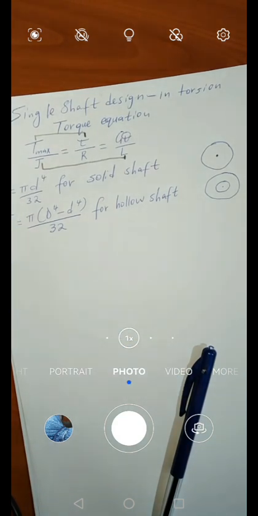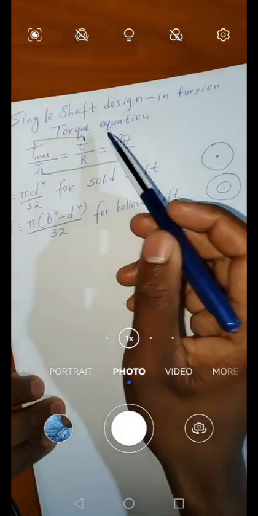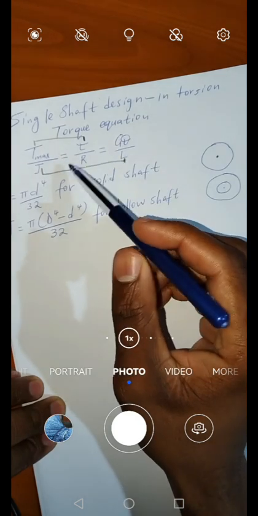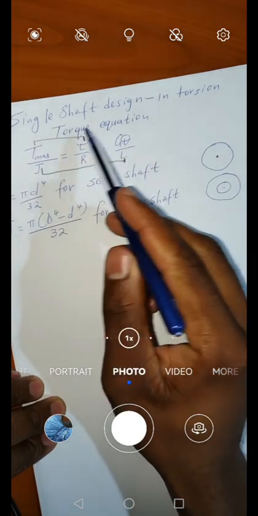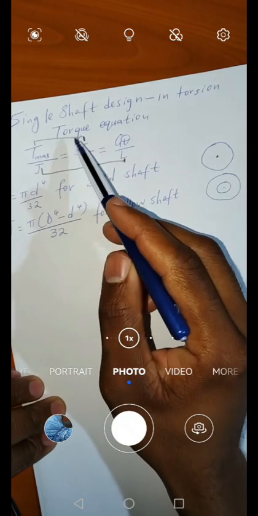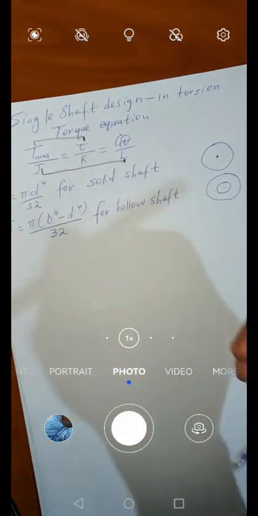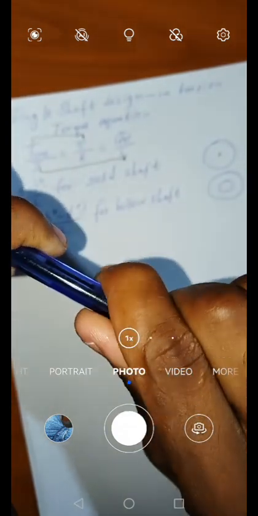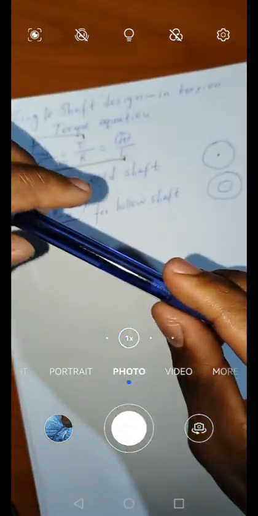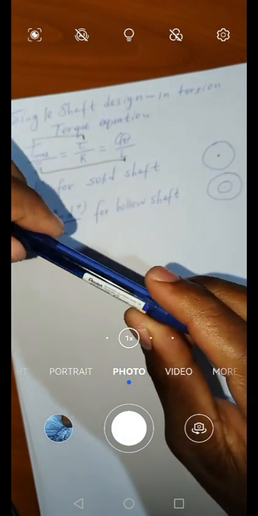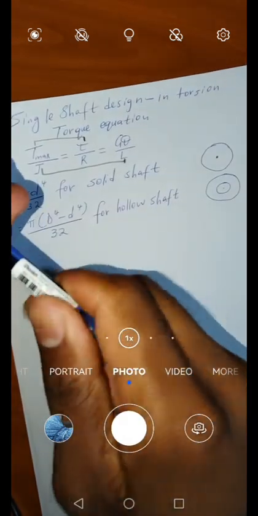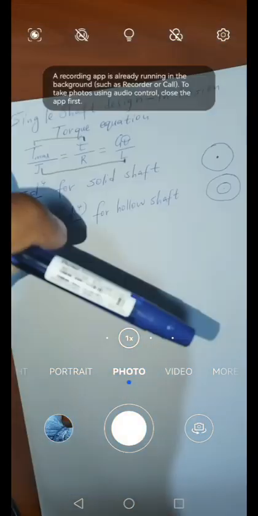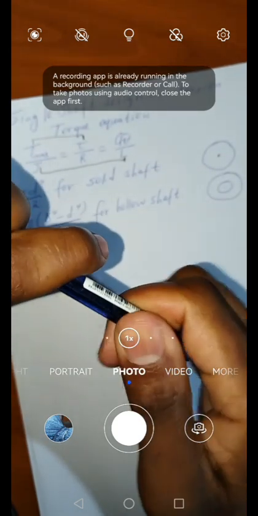So we will make use of this formula to calculate whatever variable that we might want to know. This is the torque equation. Remember, torque is just the force that tends to rotate the component, but in this case it's the force that will tend to cause the layers of this thing to slide over each other.